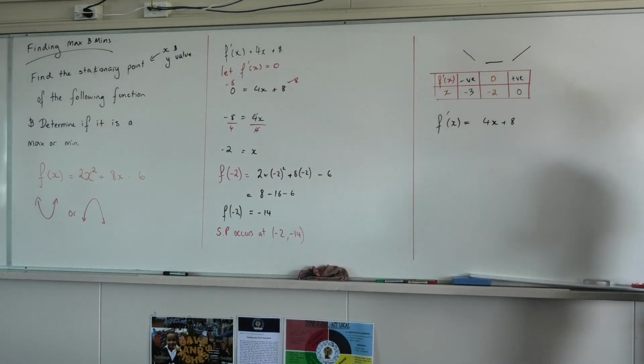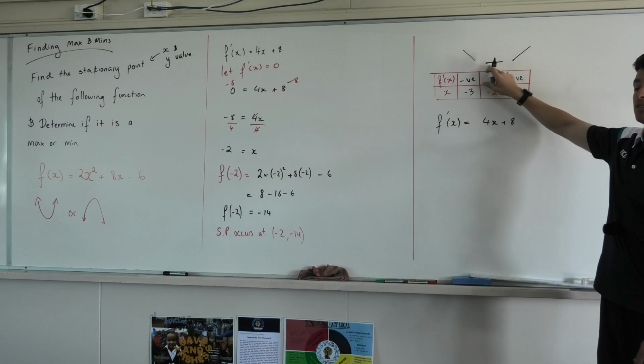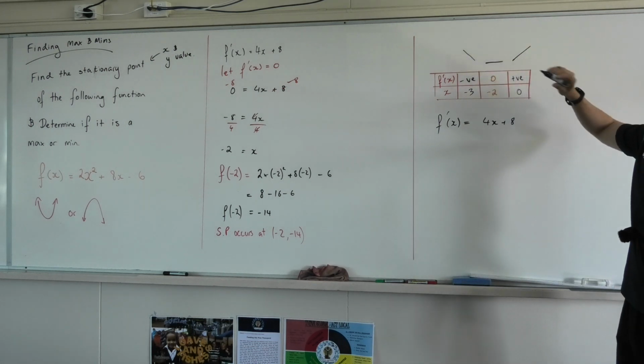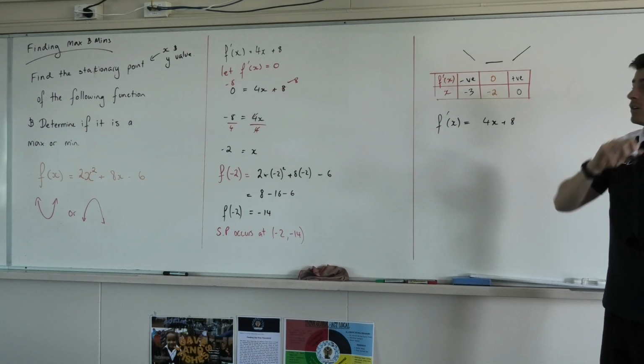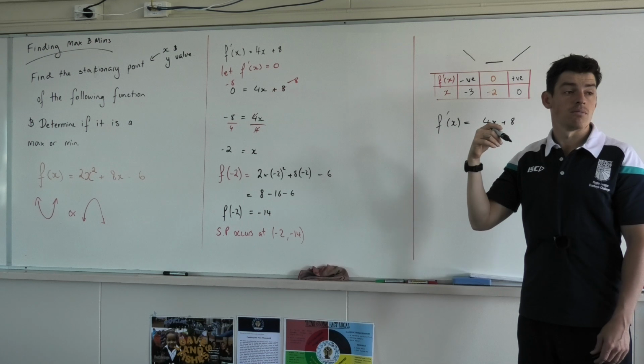Who got something like that? So what does that tell you this point is? Minimum. That's a minimum value, correct? Because that's the lowest point it's ever going to hit. Cool? So if we go negative to positive, we're dealing with a minimum.